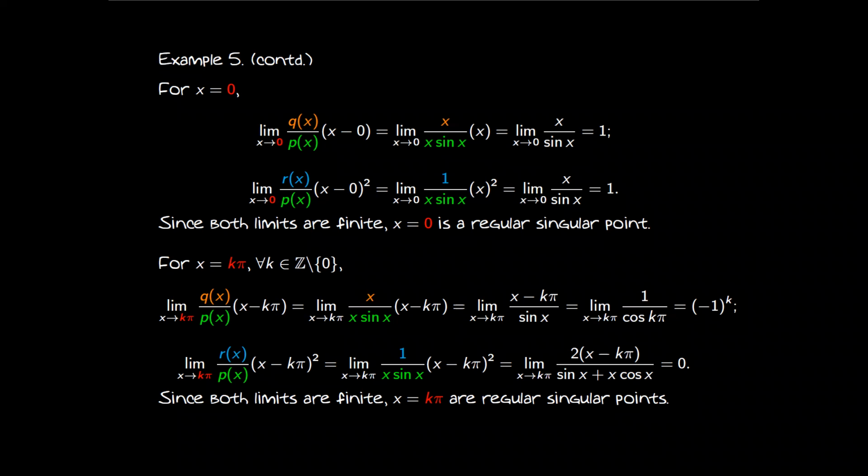Well, in summary, when we are doing singular point problems, to find singular points, you just need to solve some equations, right? And to classify the singular points, we just need to do some limit problems. Okay, that's all for this video, and thank you.